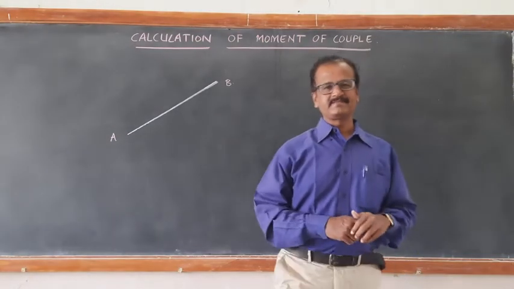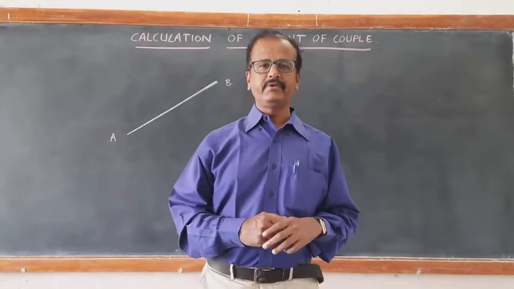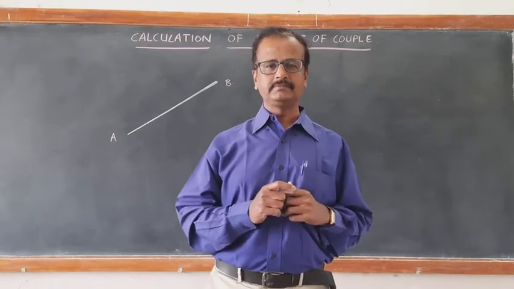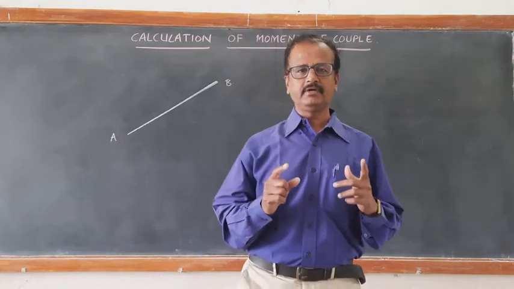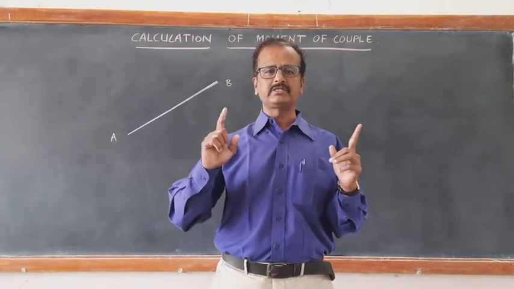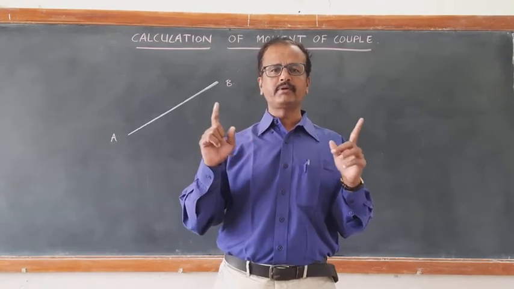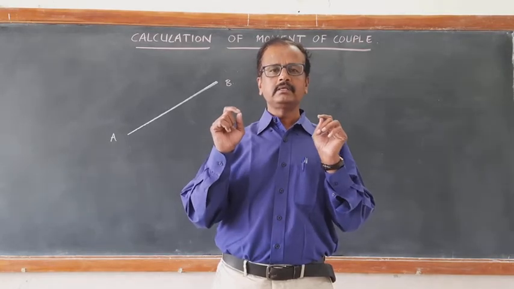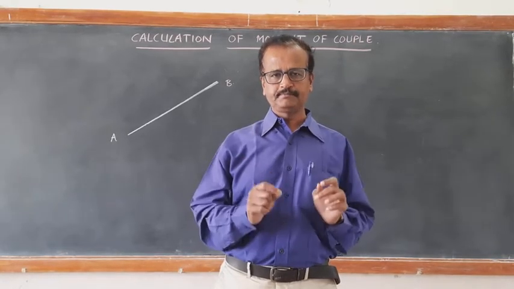Good morning, students. Yesterday we defined what is a couple, torque due to couple: a system of two equal and opposite forces acting at two different points on an object constitutes a couple.